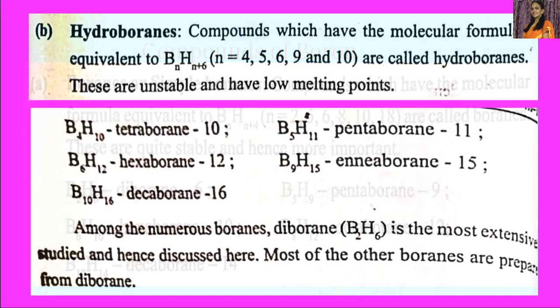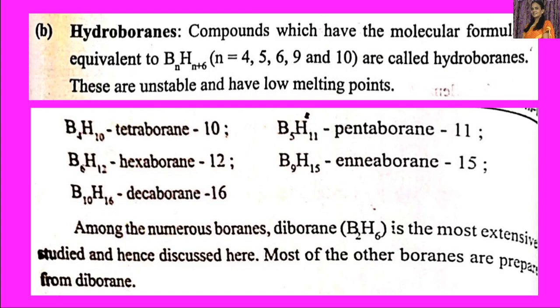Okay, now next one, hydroboranes. Simple boranes and hydroboranes. Hydroboranes are the compounds which have molecular formula BnHn+6. So simple boranes have BnHn+4.